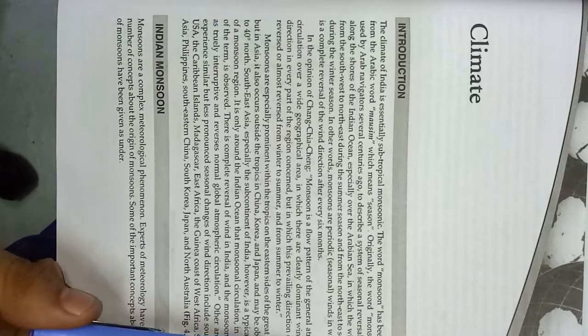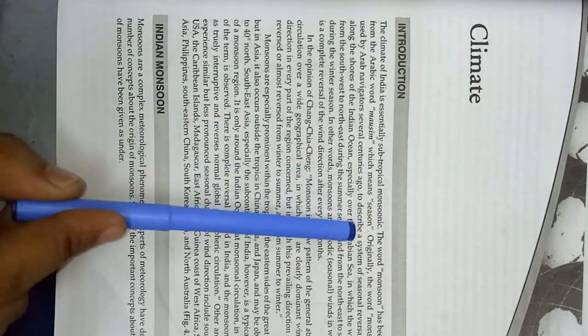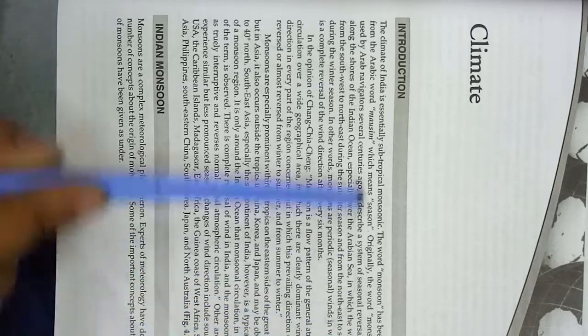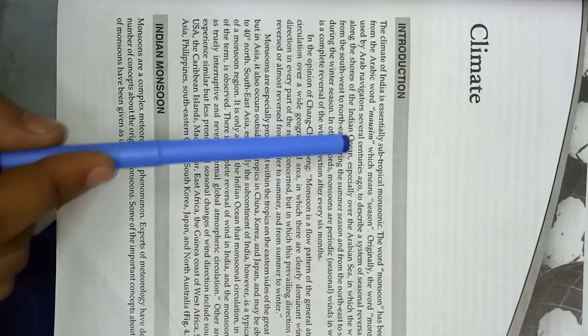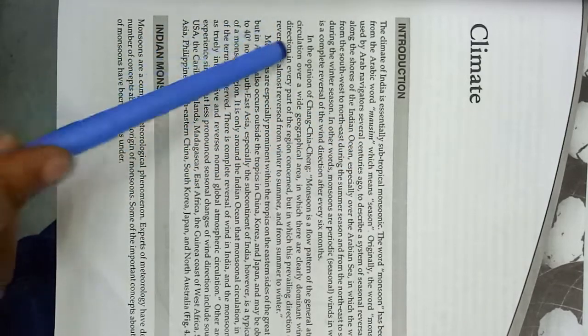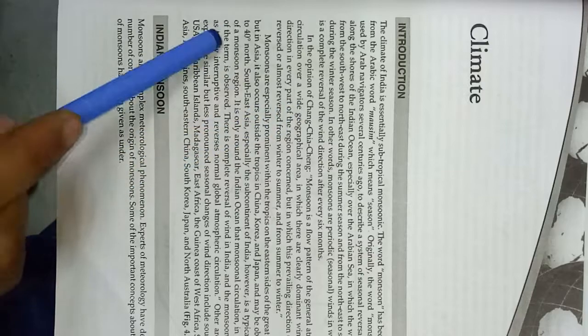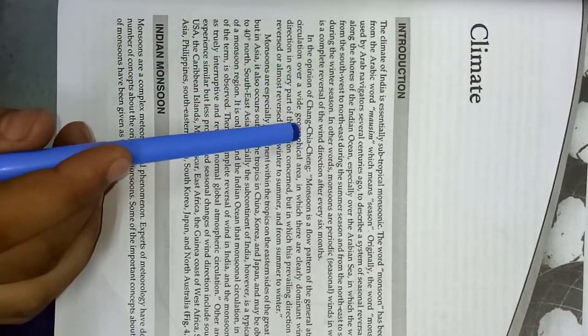The word monsoon was used by navigators several centuries ago to describe the system of seasonal winds along the shores of the Indian Ocean. The Indian Ocean merges with the Arabian Sea, which touches Somalia, Yemen, Oman and the UAE.